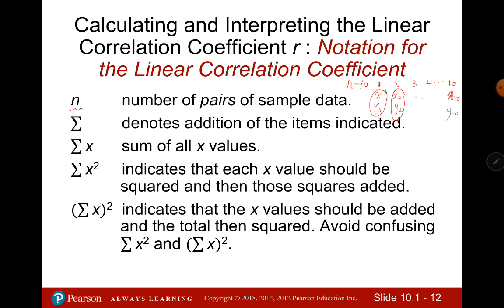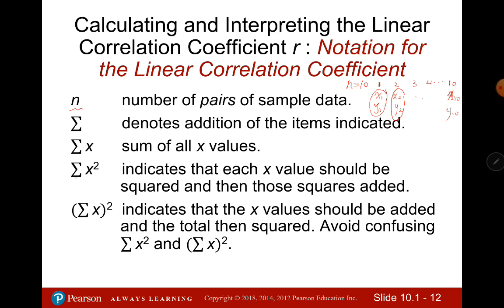Sigma is just the sum, the addition. Sigma x means I will find the sum of all the x values. So if I write sigma x, that will be x1 plus x2 plus x3 up to plus x10, right?